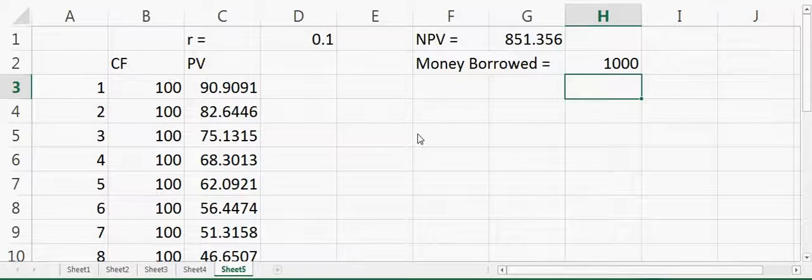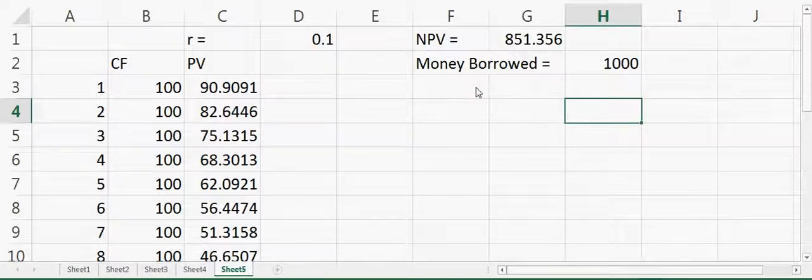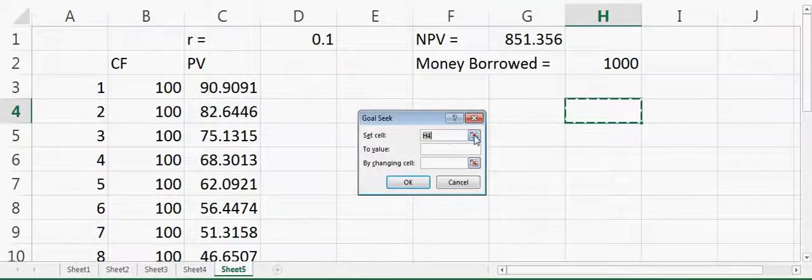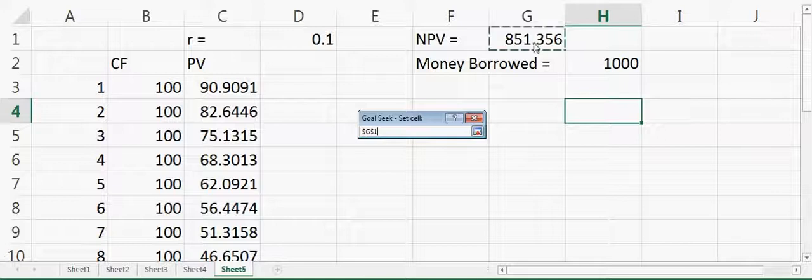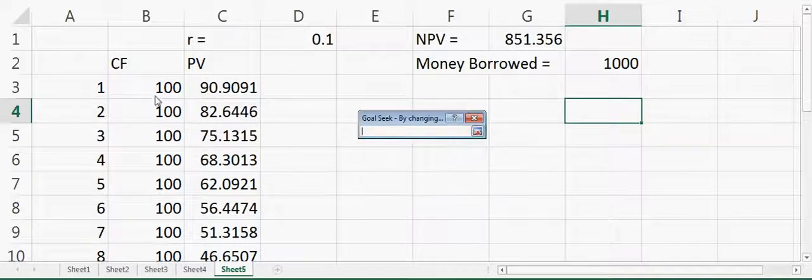What I'll do in this case is go to the data tab and click on goal seek. So I'll say data tab, what-if analysis, and goal seek. It says set cell, so I'll set the cell net present value, to value 1000, because the money borrowed is 1000, and then by changing cell, I'll choose cash flow and say okay.